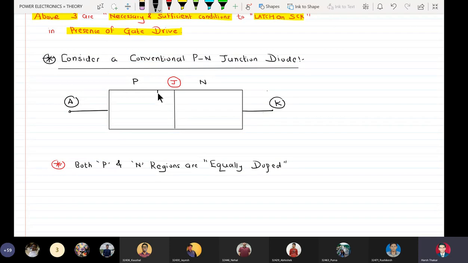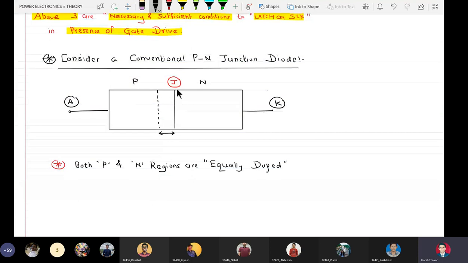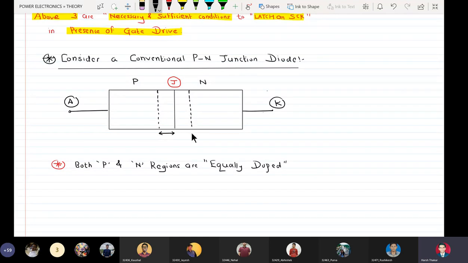Okay, so let us assume, and the question comes that what will be the width of the depletion region to the left of the junction J, and what will be the width of depletion region to the right of the junction J. Can anybody tell what is the relativity between the widths of depletion region to the left of junction J and to the right of junction J?